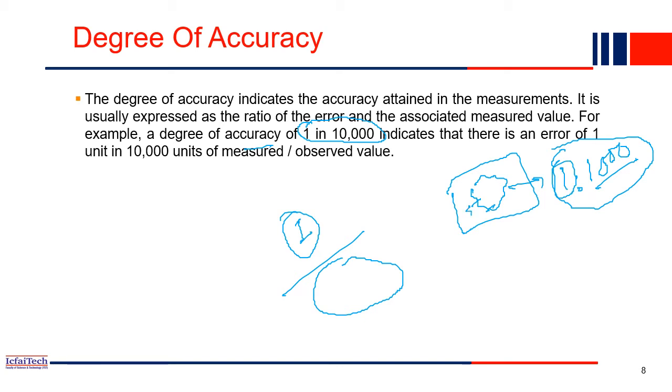So if a distance on the map is 1 meter, which is 1,000 mm, there may be a 1 mm error in this reading. That's how we denote degree of accuracy: the error divided by the total unit measured or observed.